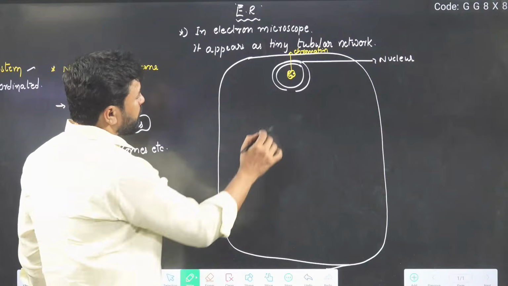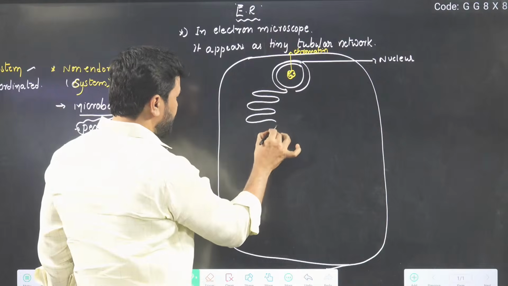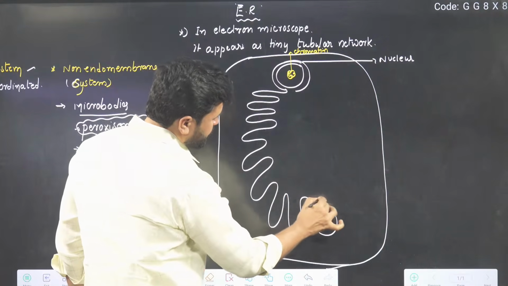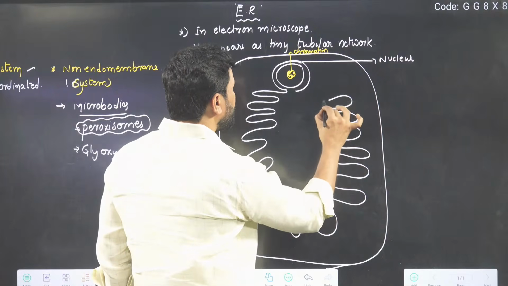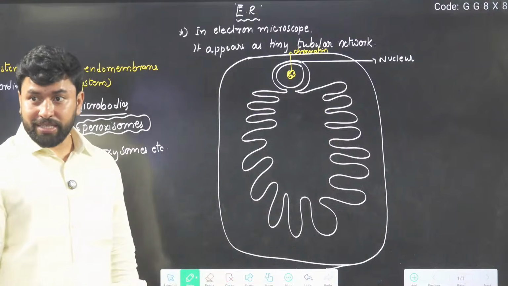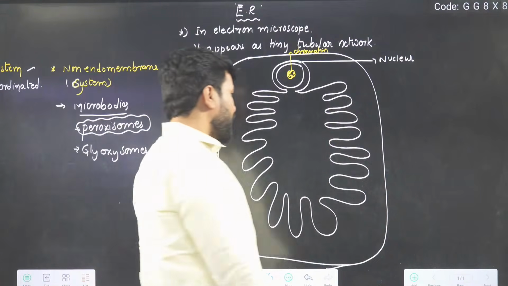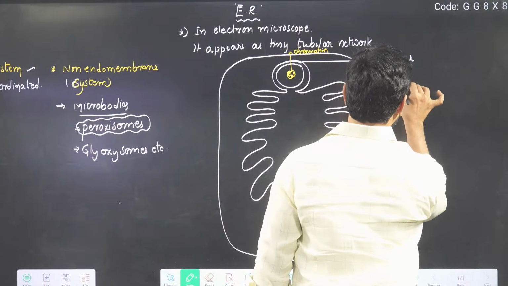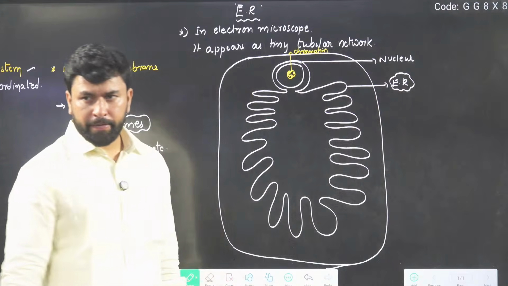Then the outer membrane started to expand. It started to expand like tiny tubular structures all over the cytoplasm of the cell. This tiny tubular structure, you have to call it endoplasmic reticulum.